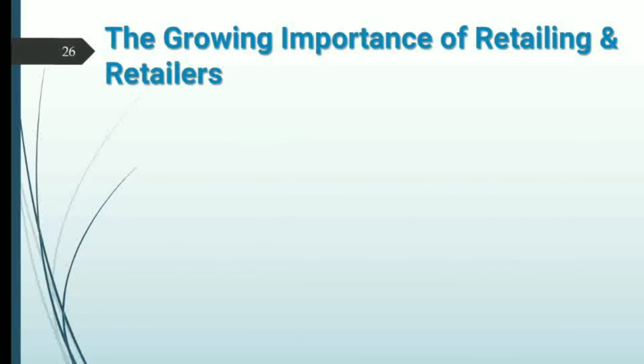Now we will proceed to the role of information systems. So in the evolution of the retail industry, I previously mentioned that the availability of modern information systems allows retailers to efficiently and effectively manage millions of customer transactions with thousands of stores and suppliers across the globe.